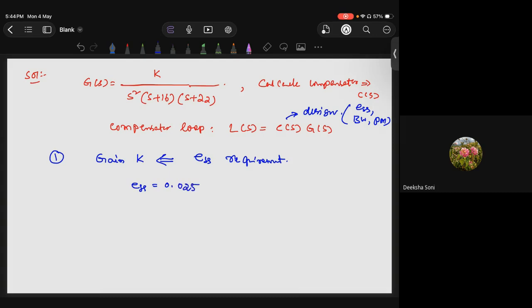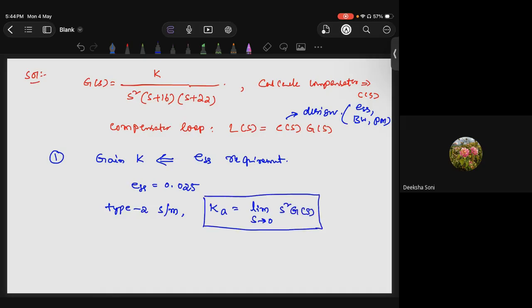Now here a critical point: we have a type 2 system. So for a type 2 system, we know the acceleration error constant Ka is the limit as s tends to 0 of s square G of s.